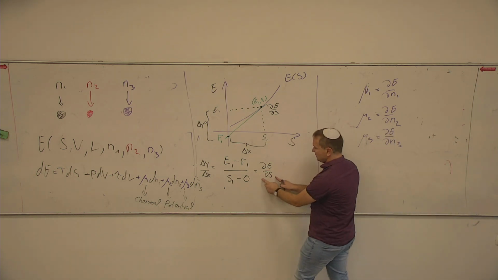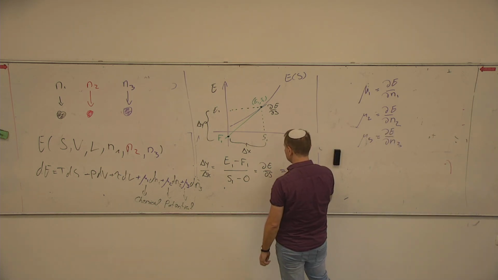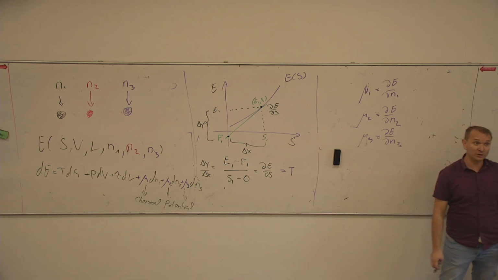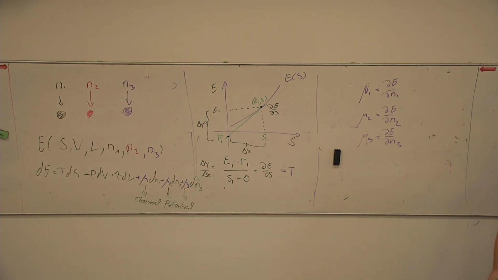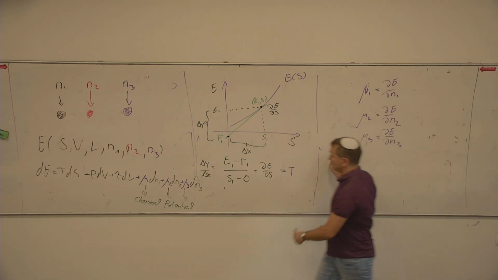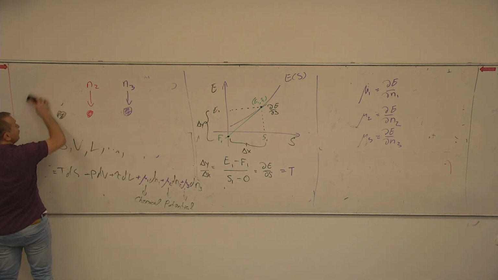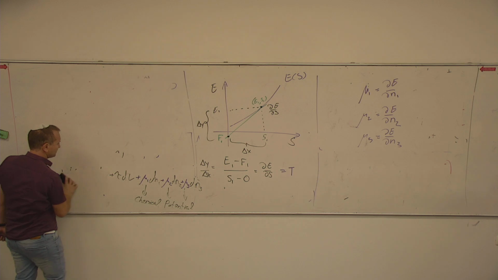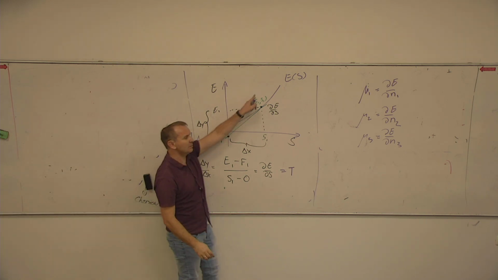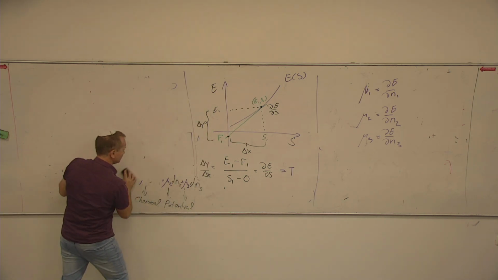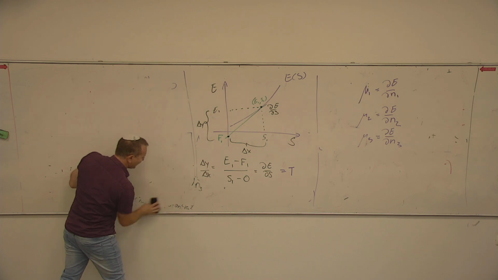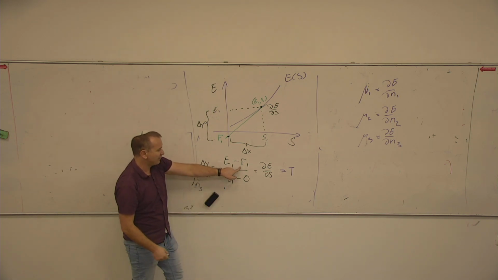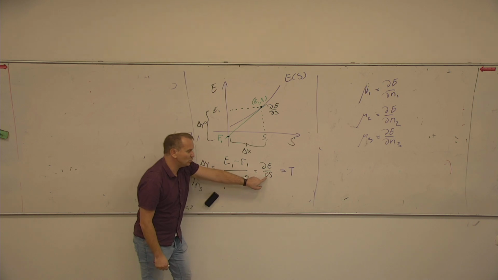But this guy, dE/dS, is T. Right? The derivative of the energy with respect to the entropy is the temperature. So I obtained the following transformation. This curve encapsulates what the physics is inside the system. So instead of saying what is the x-axis and what is the y-axis, I would say what is F and what is dE/dS.